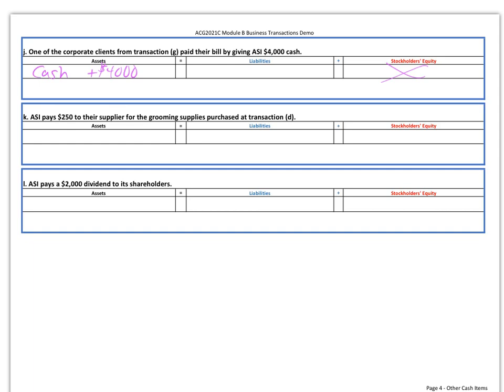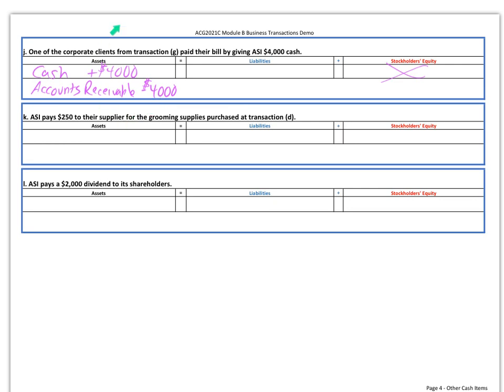What is the account for amounts customers owe us? It is accounts receivable. And that amount that they owe is going down by the amount they paid, the $4,000. So if you think about it also, now remember, this is the change in accounts receivable. When you're doing these transactions, it's changes. So the accounts receivable goes down by $4,000.